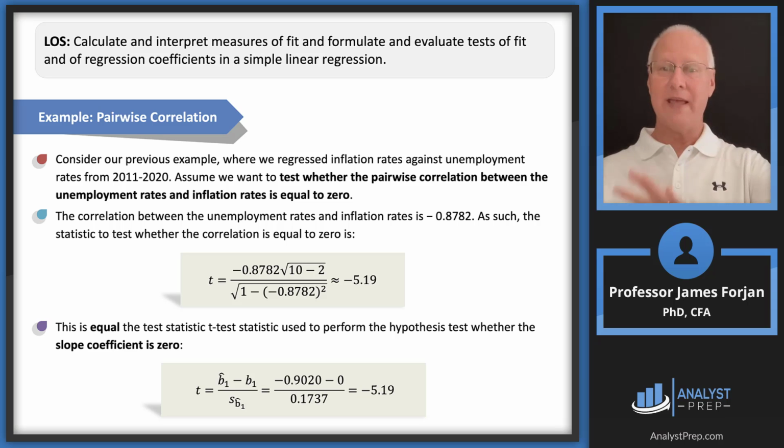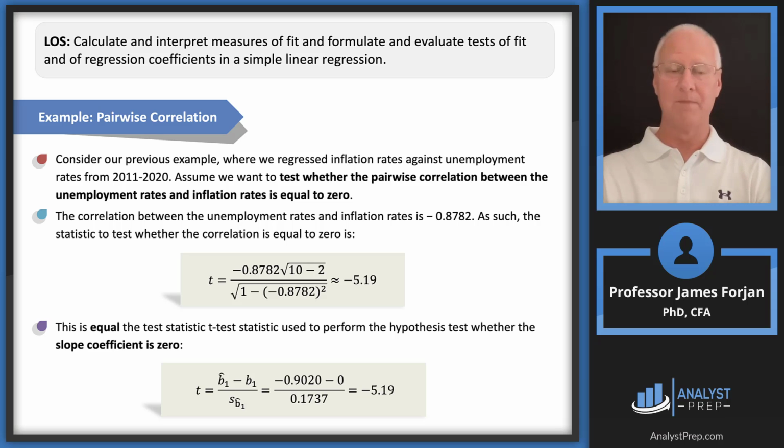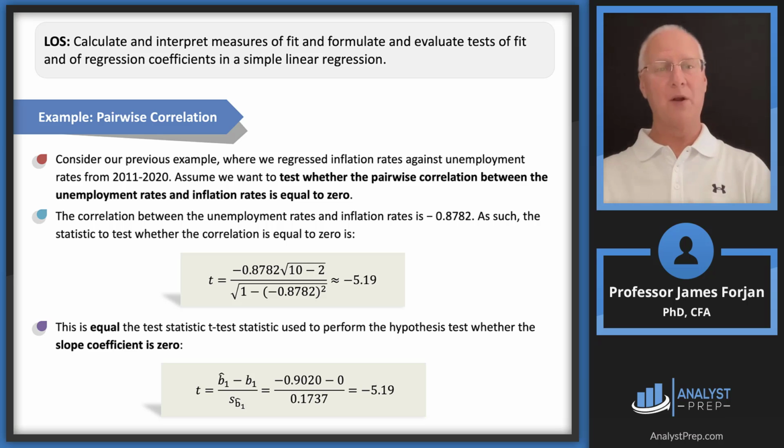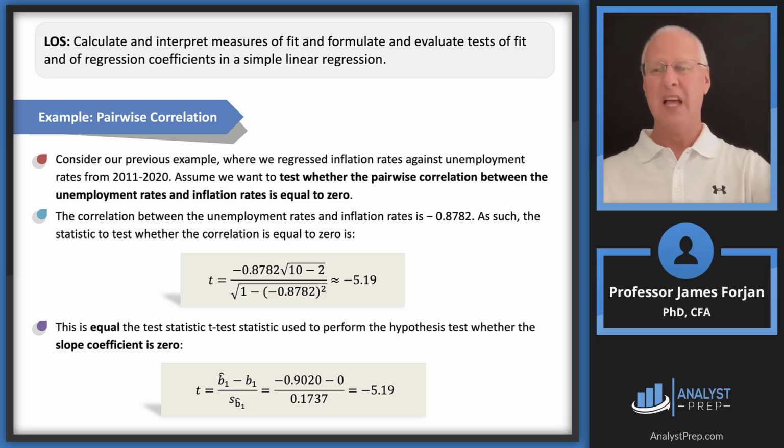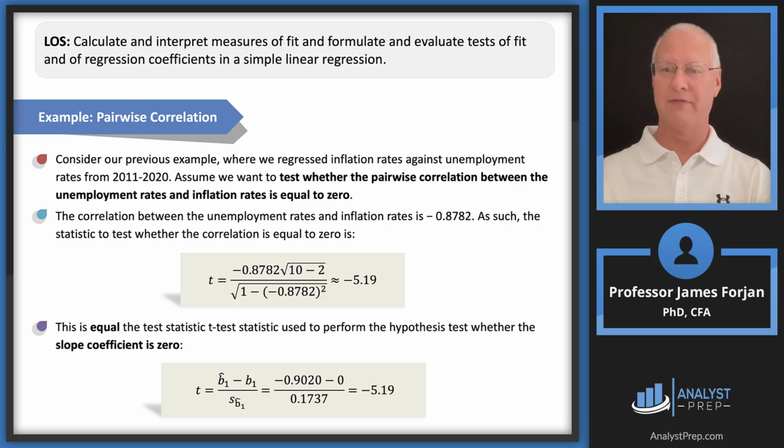Of course, the correlation test is just a test of whether or not the correlation coefficient is significant. The t-test in linear regression is a much more sophisticated kind of model with all of those assumptions that we discussed back in part 1. But the cool statistical result is that these two test statistics are going to be the same.